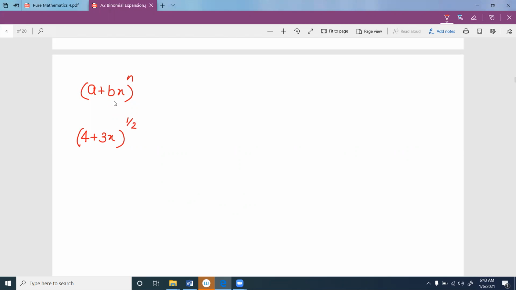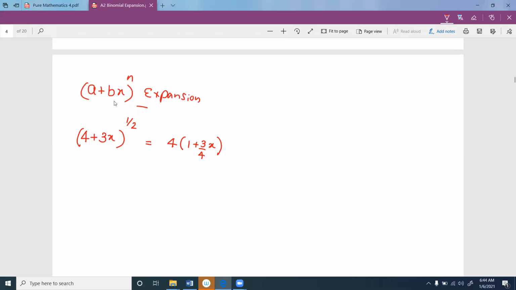What you need to do is make this number 1, and then you can apply the previous formula. The simple way of doing this question is to take 4 out of the bracket. If you take 4 out, this turns into 1 plus 3 over 4 x.